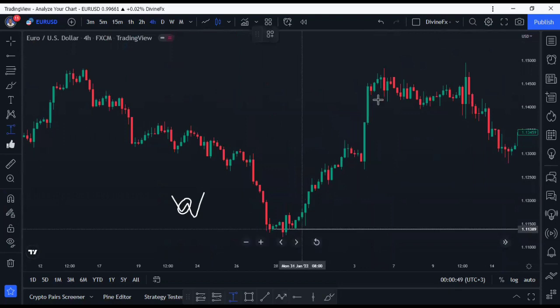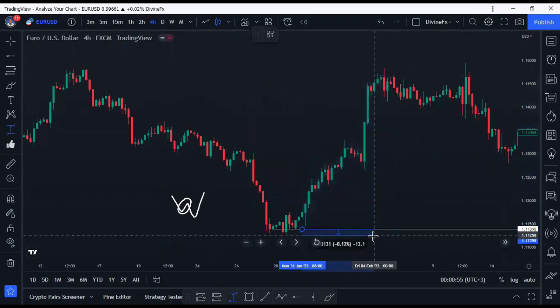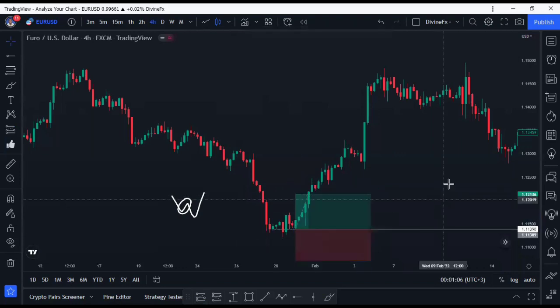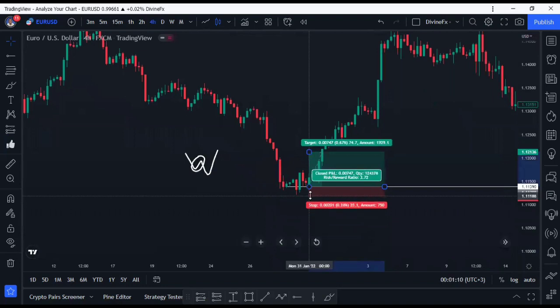This was an invalidation phase, then the price moved 300 pips. So if you had put a 10 or 15 pips stop loss, you have a good risk to reward ratio here. Maybe you had a buying entry over here, with a very tight stop loss of 15 pips.